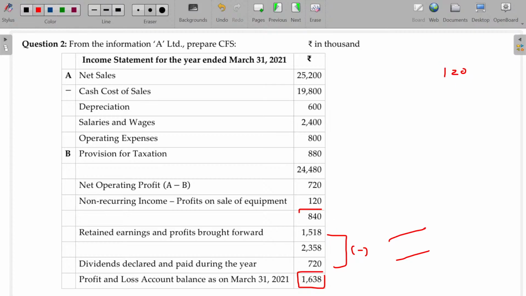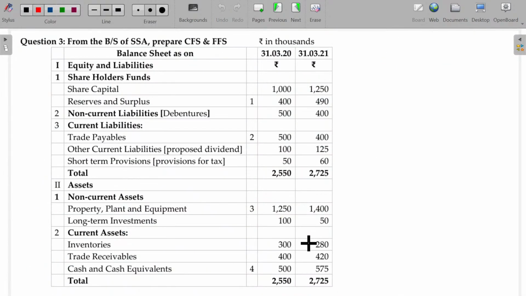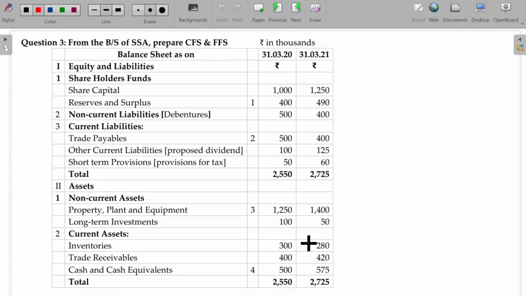Sometimes you may start with 840. You adjust the dividend declared and paid from here. Then 120. That's how you can work out. We'll see in the next illustration how sometimes the profit given in the P&L account is taken instead of the difference between the opening and closing profits. Question number 3.